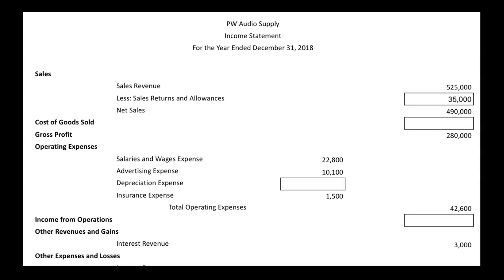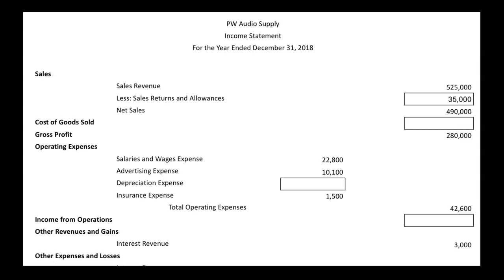So now we're looking at only net sales and below on this multi-step income statement. So our net sales were 490,000. Then we had cost of goods sold, which we don't know, and then our gross profit of 280. Well, our gross profit is your net sales minus your cost of goods sold.